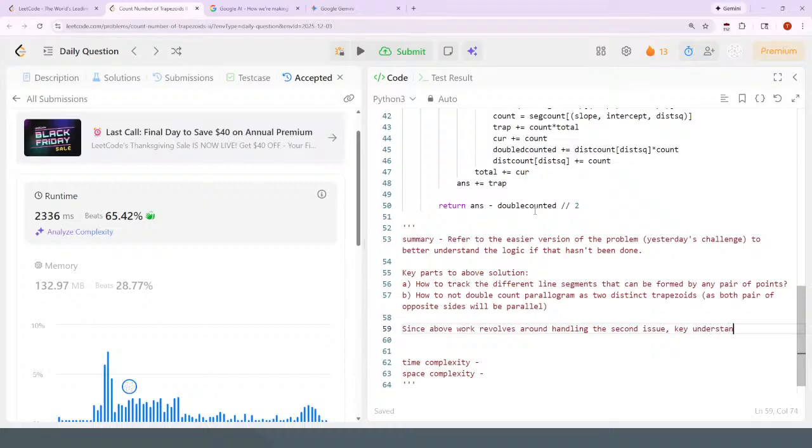the key understanding is that if two line segments are parallel and obviously not collinear, not on the same line, collinear, is that spelled, yeah, collinear, then they can form a trapezoid.